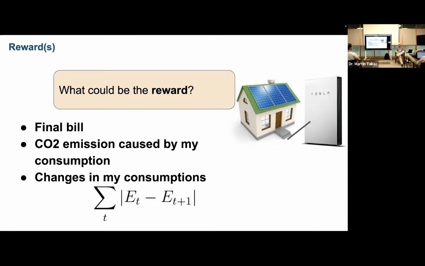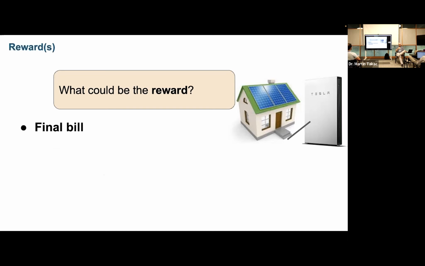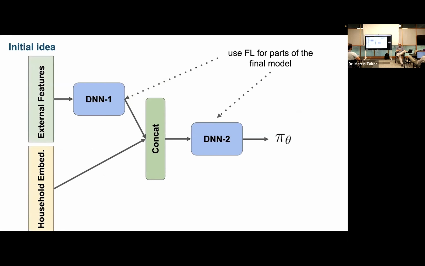Okay? Any question here? But what we see is that to achieve this, we should have a policy for every single house. How do I behave? How do I charge batteries and so on? Again, if you want to be greedy, and there is no incentive from the government, you just want to minimize your bill. But clearly, this is not the optimal thing to do for the whole country, right?